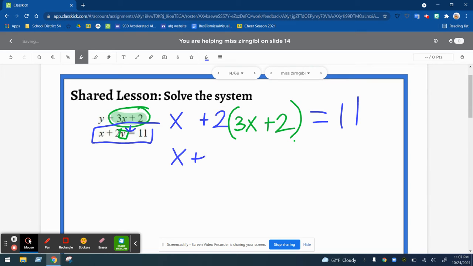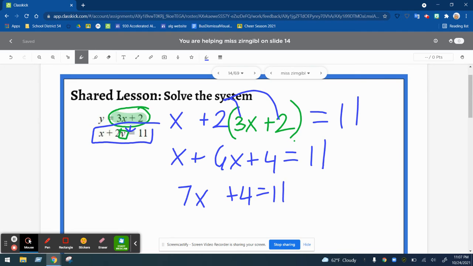x plus, I distribute, 6x plus 4 equals 11. x plus 6x makes 7x plus 4 equals 11.